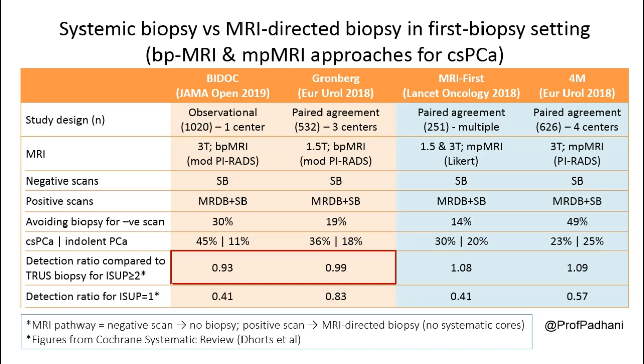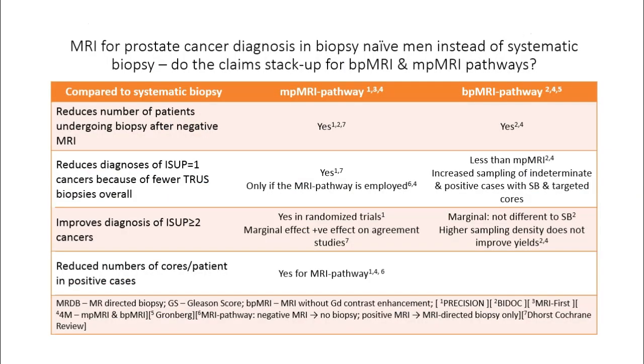However, if you look at the MRI-FIRST study and the 4M study, you can see that the detection ratio is above 1, more or less 1.1, again indicating that there is a slight improvement in the detection of clinically significant disease compared to TRUS biopsies using the multiparametric MRI approach.